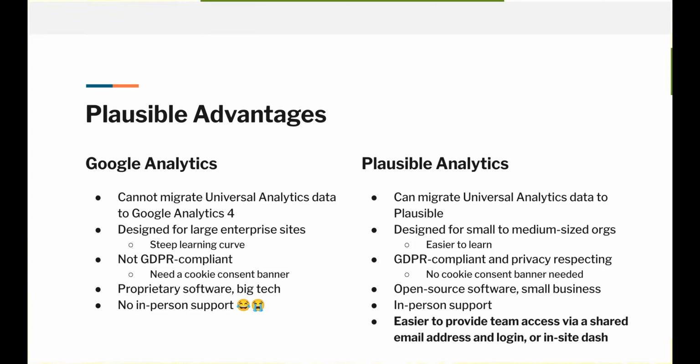But in general, we're finding people really struggle with it. And honestly, a lot of people were already struggling with the old version of Google Analytics, so it's an even steeper learning curve from our vantage point. Whereas Plausible Analytics is designed more for small to medium-sized organizations, so it's easier to learn and more intuitive from the get-go.